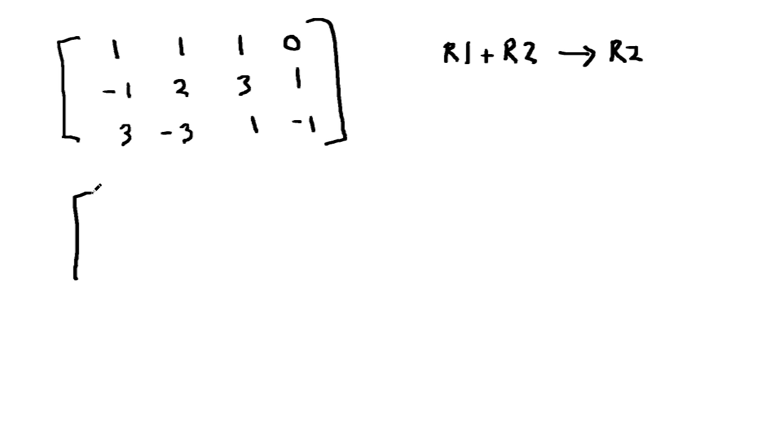So the first row just stays the same. The second row, we add these two rows, so we get 0, 3, 4, and 1. The third row just stays the same.